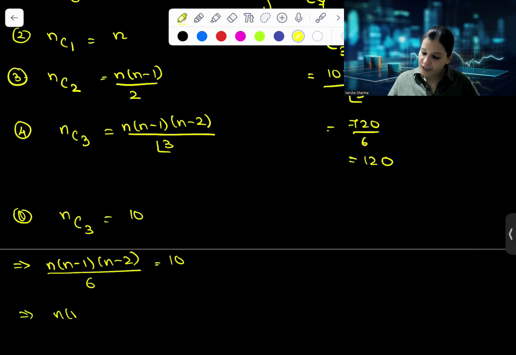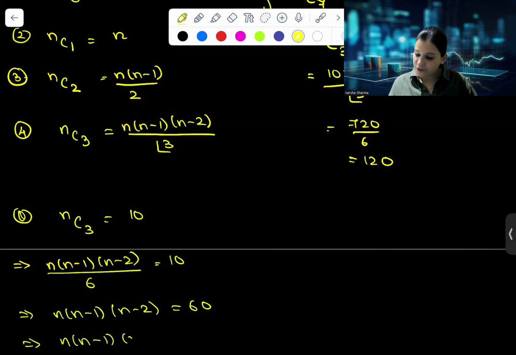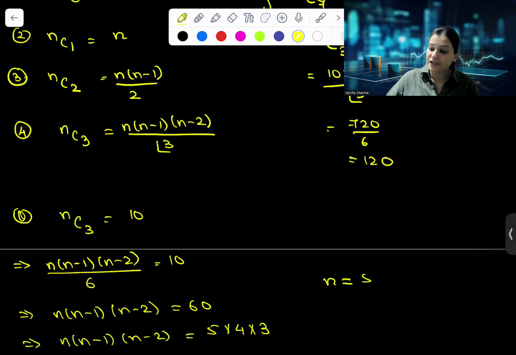So n, n minus 1, n minus 2 is 60. Since on the left hand side it is a product of three numbers, I can write 60 as 5 into 4 into 3. The largest number on the left hand side is n and the largest number on the right hand side is 5. So n will be 5.